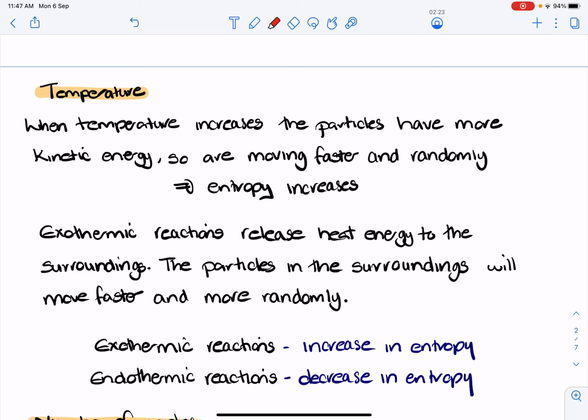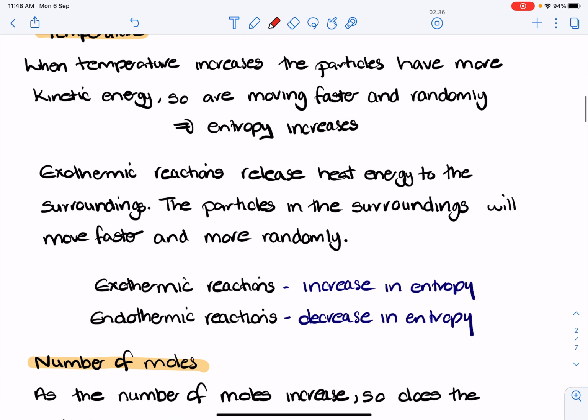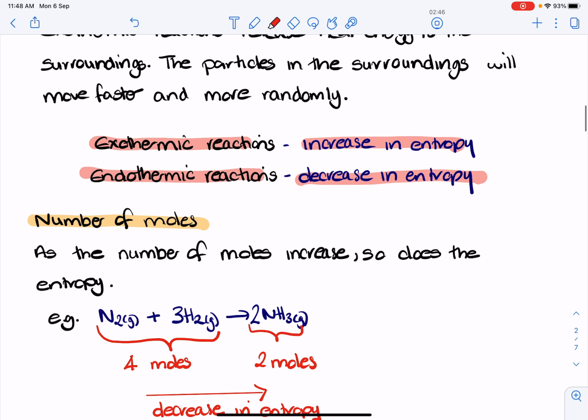So if you've got an exothermic reaction that's releasing heat and energy to the surroundings, it means all those air particles in the surroundings are going to gain that energy. They're going to be moving faster, moving more randomly. There's going to be an increase in entropy. So if we have a look at that, exothermic reactions have an increase in entropy, endothermic reactions have a decrease in entropy.